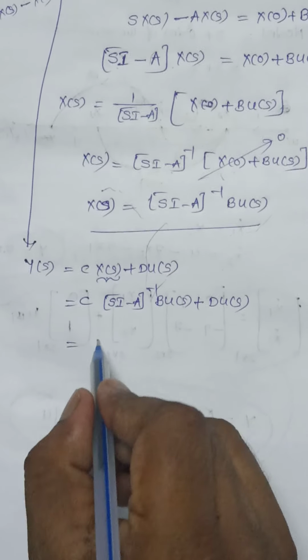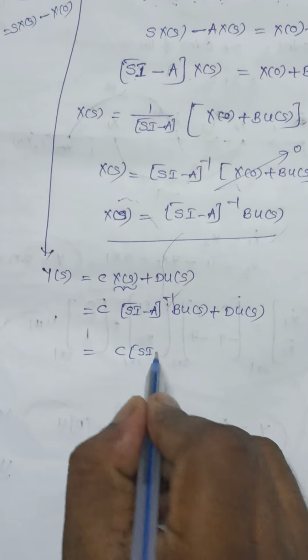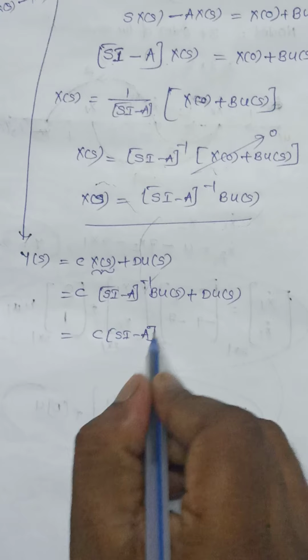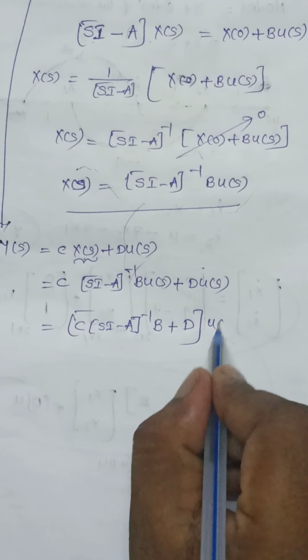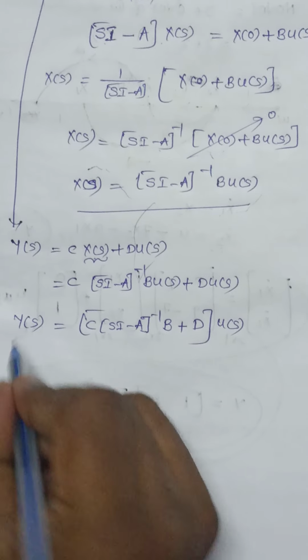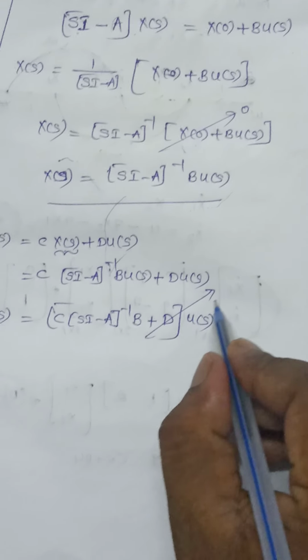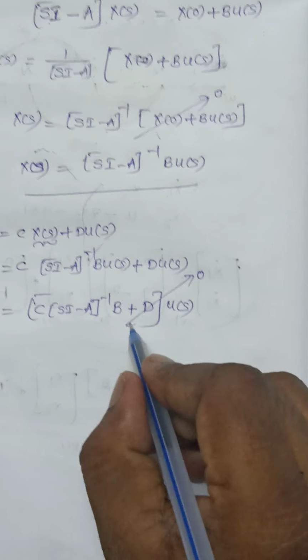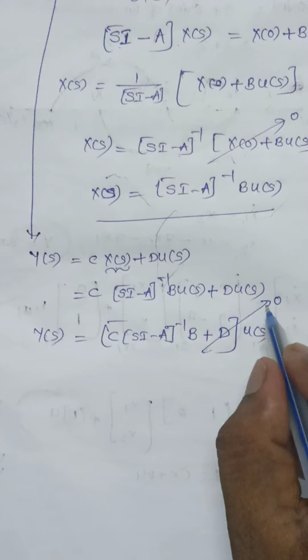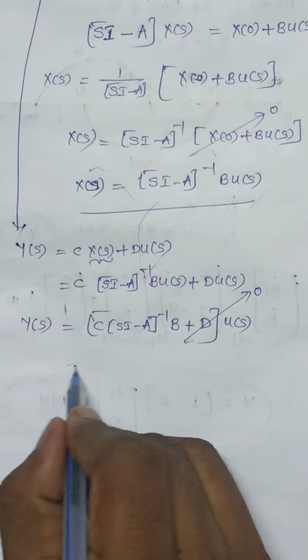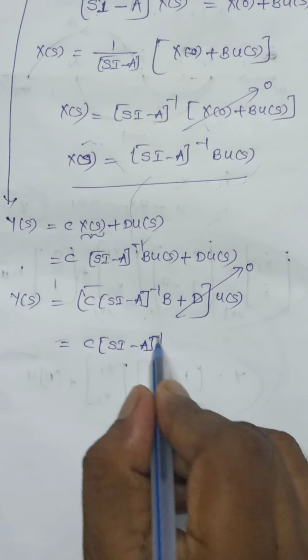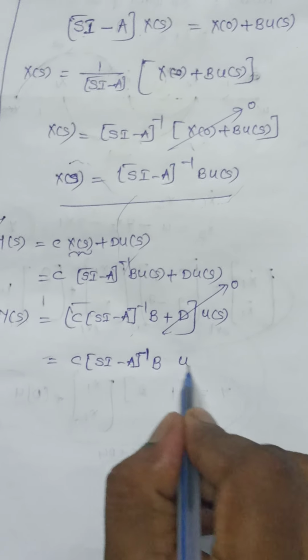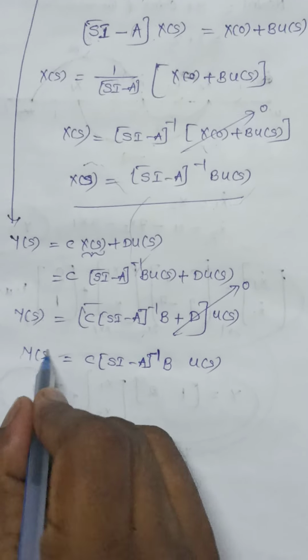So this can be written as C into (sI minus A) whole to the power of minus 1 into B plus D into U of s. This is equal to Y of s. Normally the direct transmission matrix D is almost always equal to 0. So this will become C into (sI minus A) whole to the power of minus 1 into B into U of s. So this is Y of s.